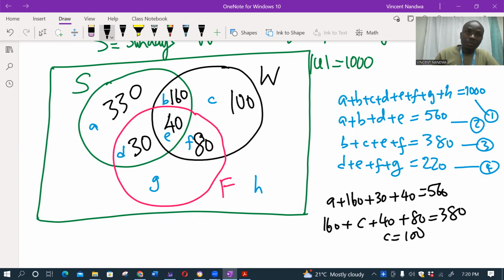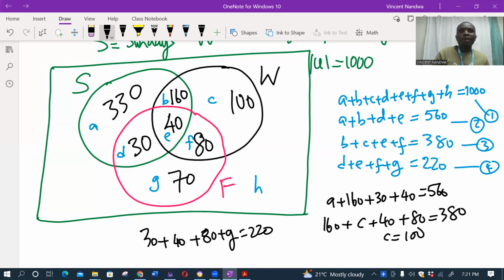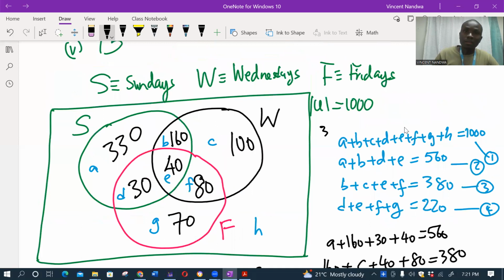Then from question 4, D, which is 30, plus E, which is 40, plus F, which is 80, plus G, should give us 220. So 30 plus 40 plus 80 is 150, and 220 minus 150 is 70. So G is 70. Now, when we add everything within the rectangle, we should get 1,000. So from equation 1, A is 330, plus B 160, plus C 100, plus D 30, plus E 40, plus F 80, plus G 70, plus H should be 1,000.